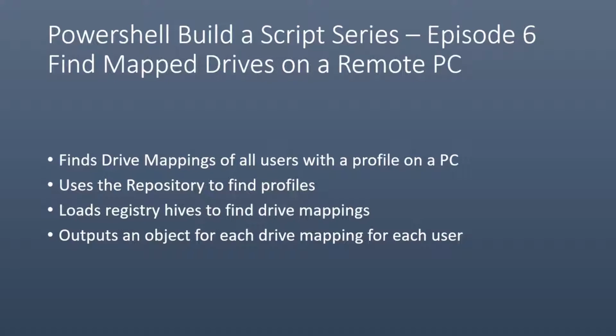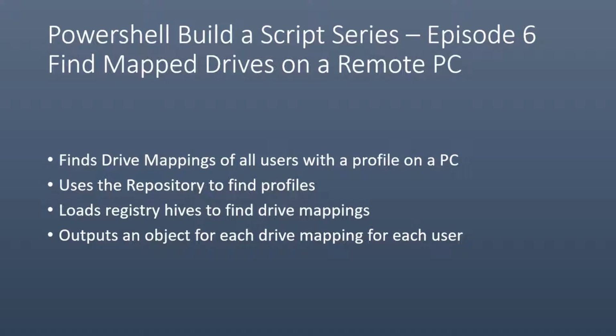Right? So what we want to do is find drive mappings for all users with a profile on a computer. We're going to use the repository to find those profiles. So I could use WMI or SIM to do the queries for that. We can load the registry hives that are needed to find the drive mappings because they live in keys in the registry, and we can output an object for each drive mapping for each user.